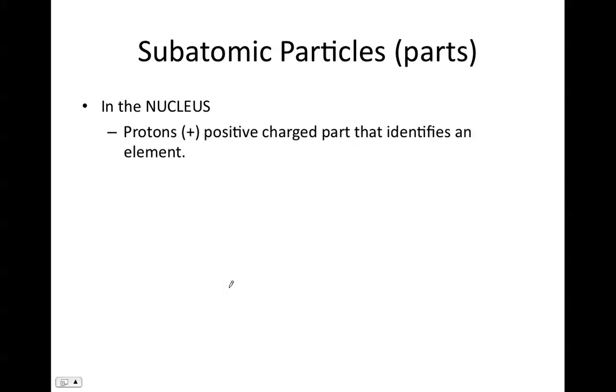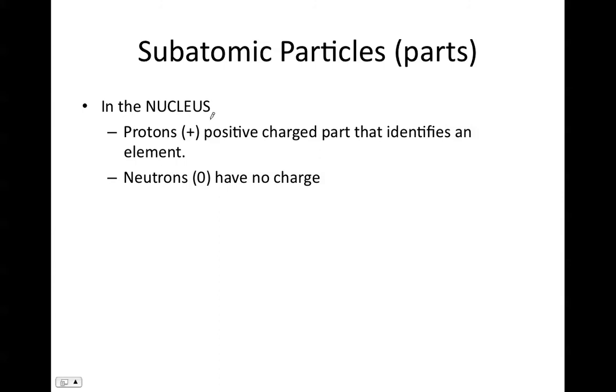The parts of the atom. Like we said, in the nucleus, we have protons. Protons have a positive charge, so they are electrically positive. They're the part that also identifies the atom and the element. Neutrons have no charge.